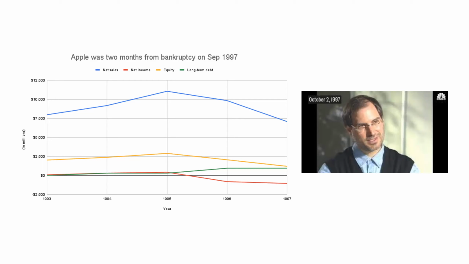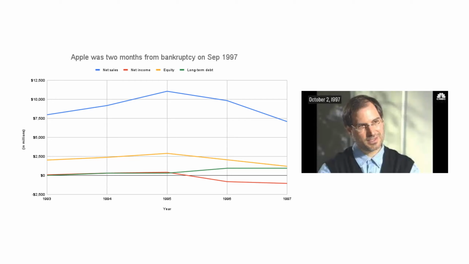So the moment he came in, one of the few things that he did was he convinced Microsoft to inject $150 million into Apple in exchange for some portion of equity. And Microsoft did that. Again, it's not out of generosity.